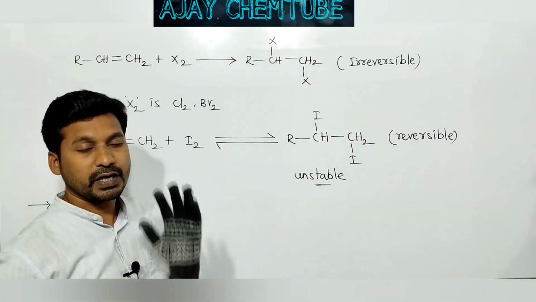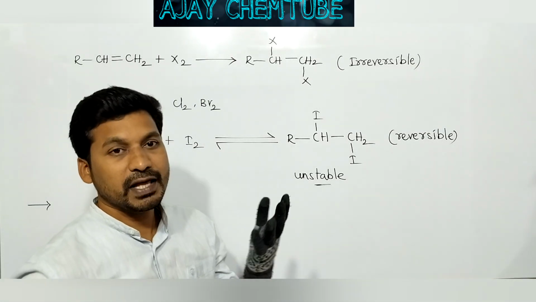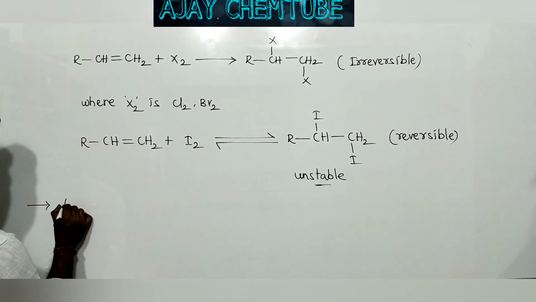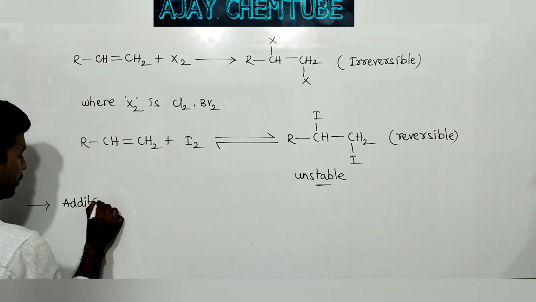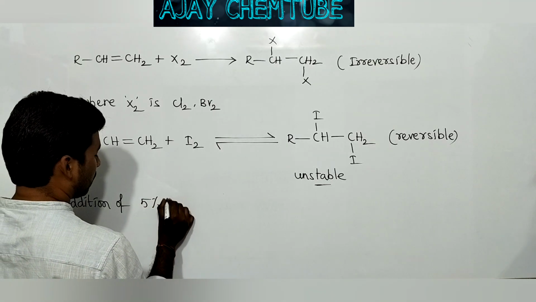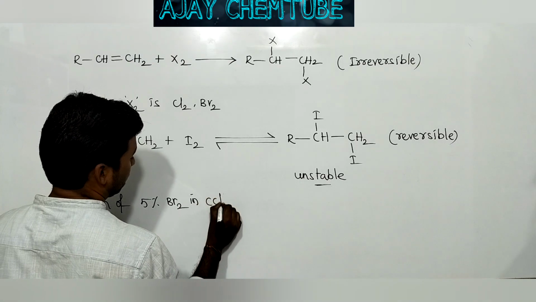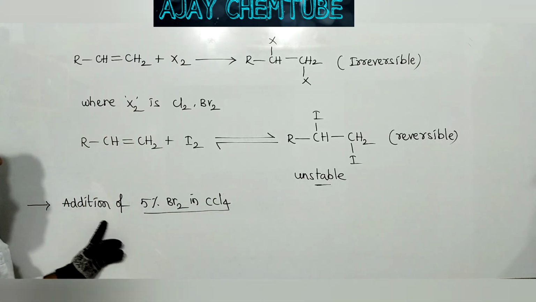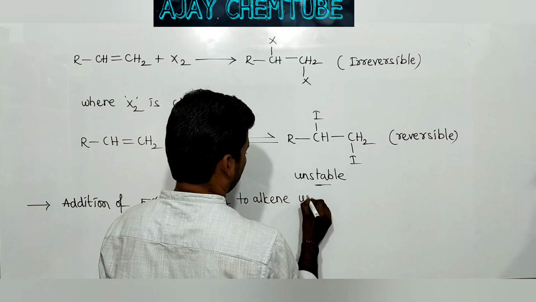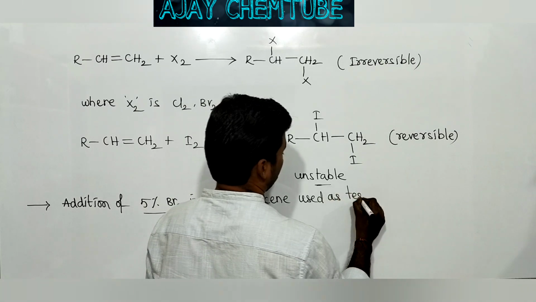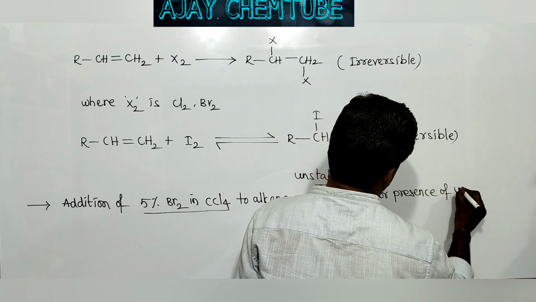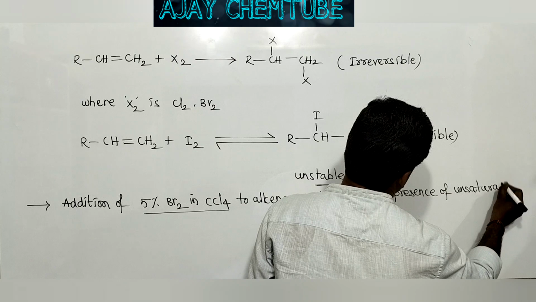Addition of bromine to alkene, especially 5% bromine in carbon tetrachloride, is used as a test for the presence of unsaturation.